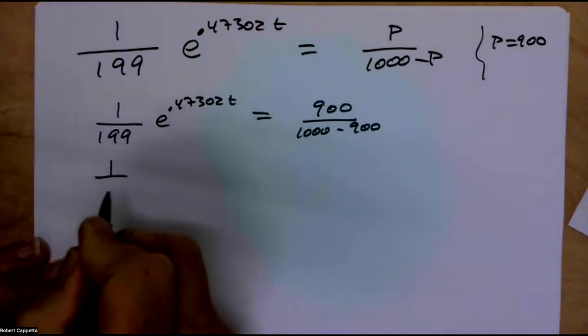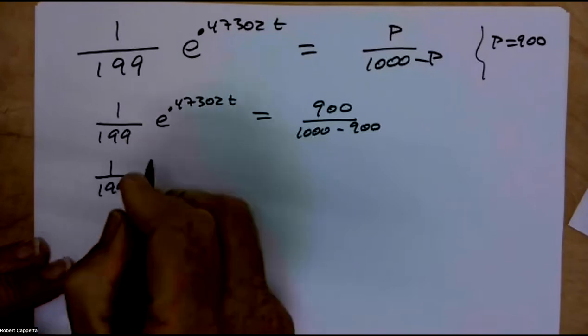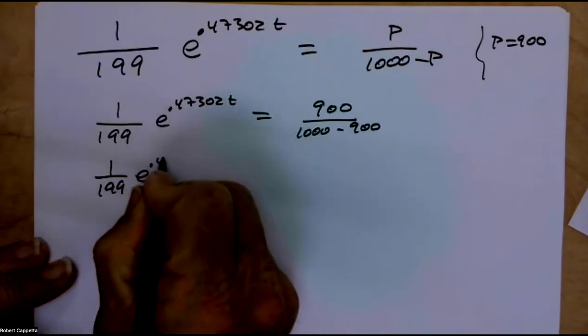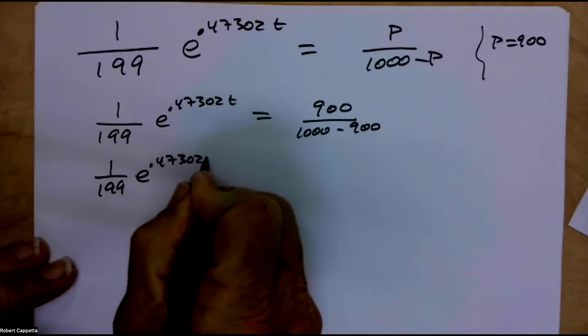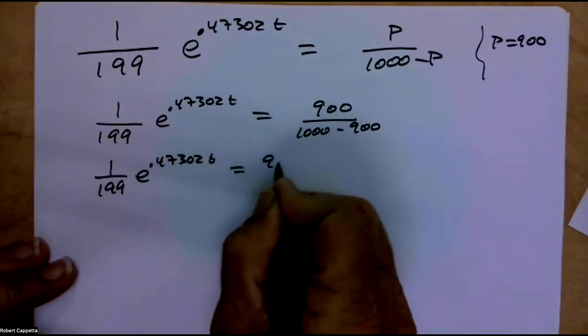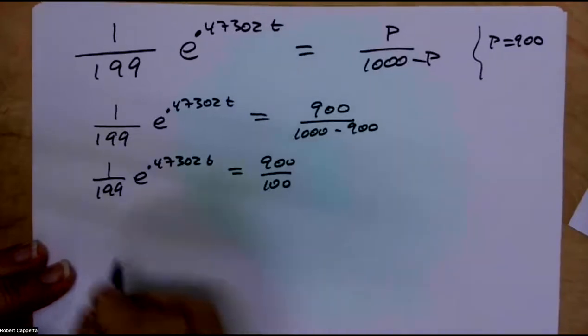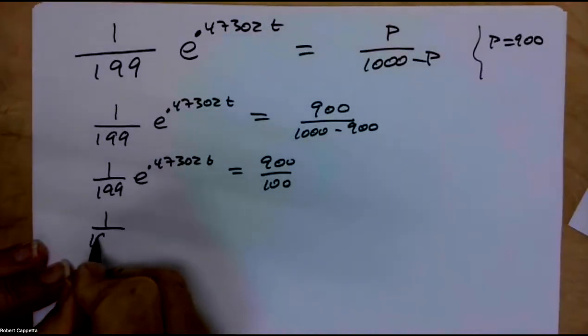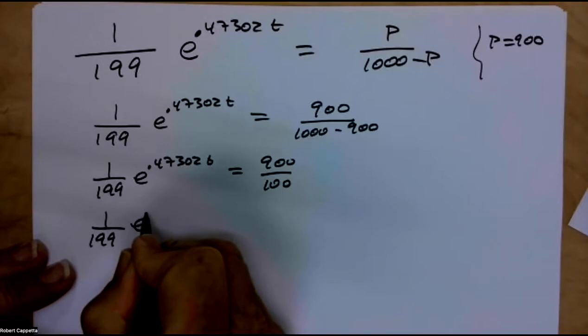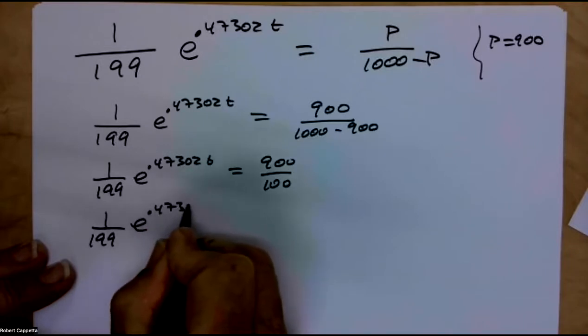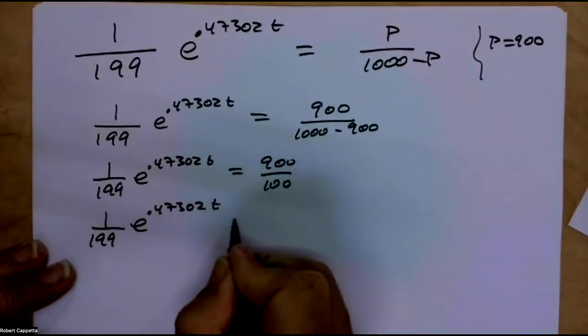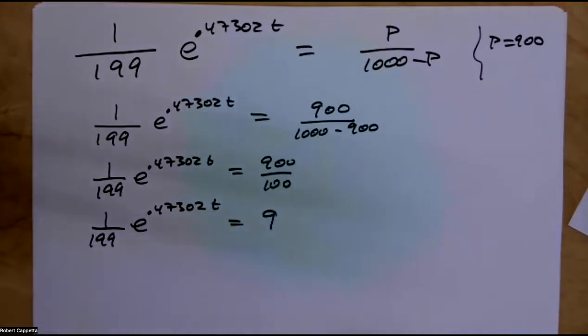So we have 1 over 199 e to the 0.47302t equals 900 over, 1,000 minus 900 is 100. That, of course, is just 9. 1 over 199 e to the 0.47302t is 9.